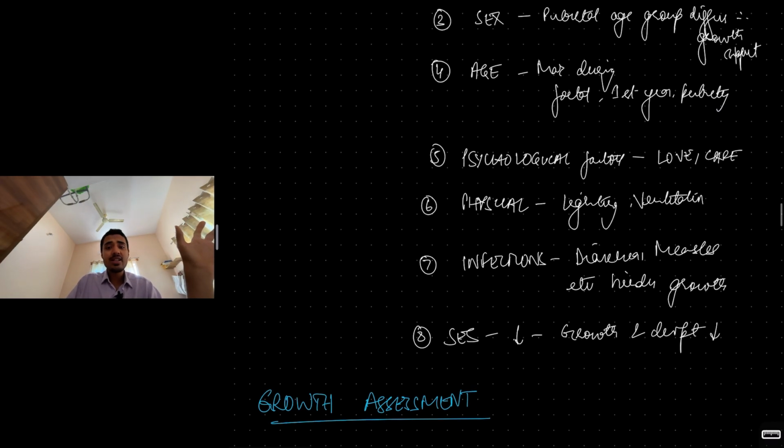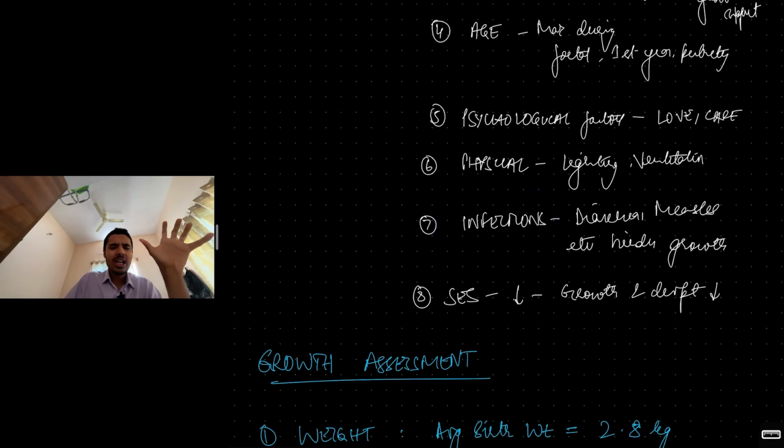Psychological factors like love, care, emotional support from parents, all that enhances growth, does not hinder it. Physical factors like lighting and ventilation in the house that the child is staying in also make a difference. Infections play a huge role. Chronic diarrhea, infections like measles, all this can hinder the growth and development of a child.